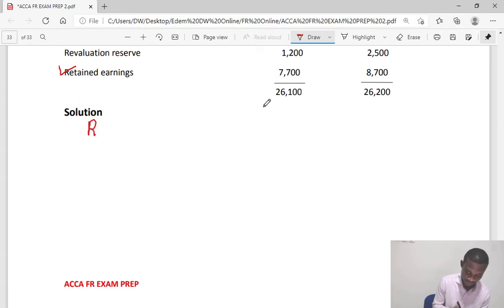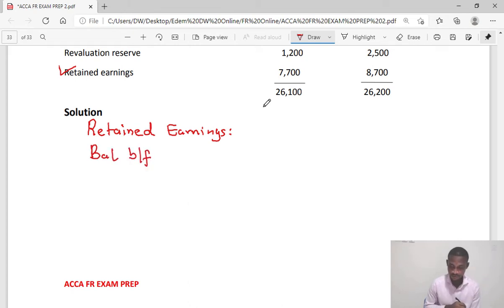Retained earnings. Under it, I'll say balance brought forward. So I'll pick the prior year balance, which is 8,700.